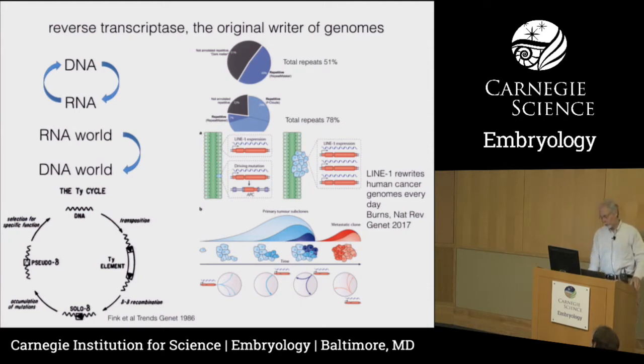Other work has shown that it also occurs in senescent cells and in aging tissues. These elements become de-repressed and produce lots and lots of new copies. So suggesting that this is something that our National Institutes of Health should pay attention to and perhaps invest in.